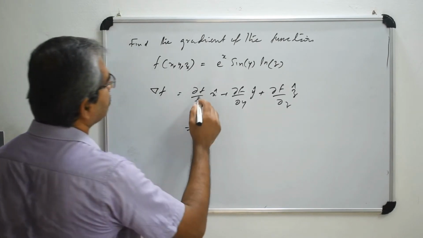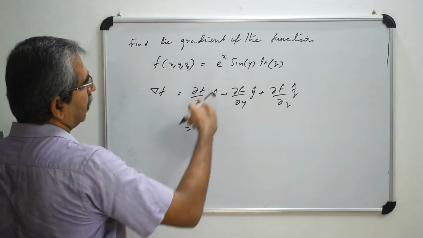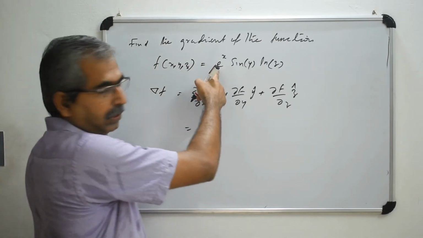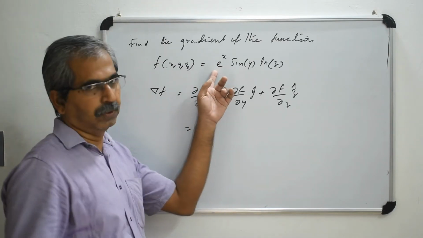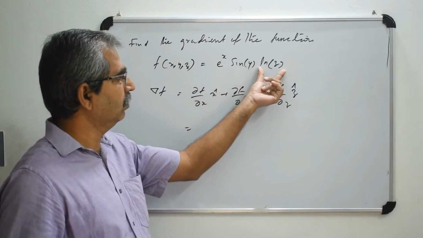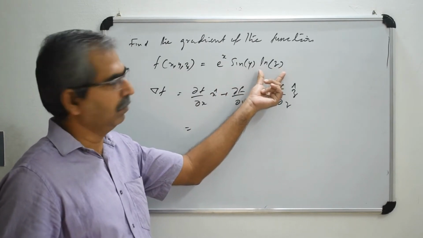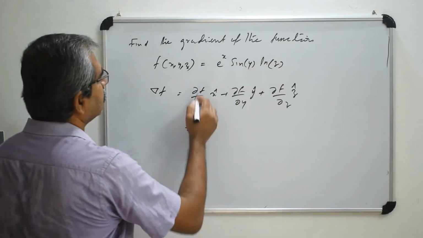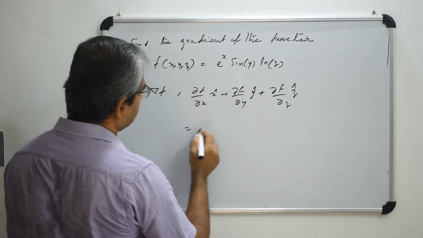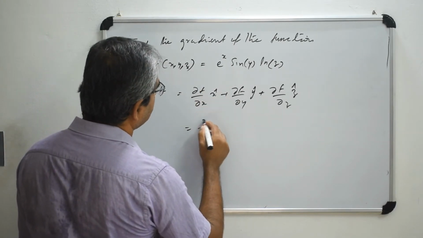So you can write what is dou f by dou x into x cap. This is the only term that depends upon x. Only term that depends upon y is sin y. Only term with the z variable is log z. So the first term will be e raised to x. Derivative with respect to x is again e raised to x itself.